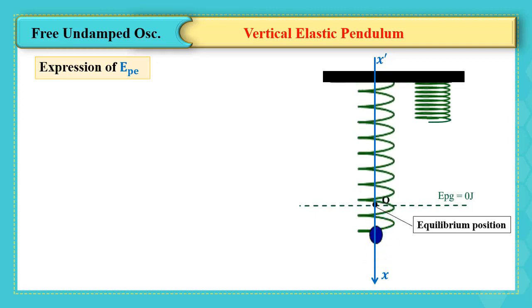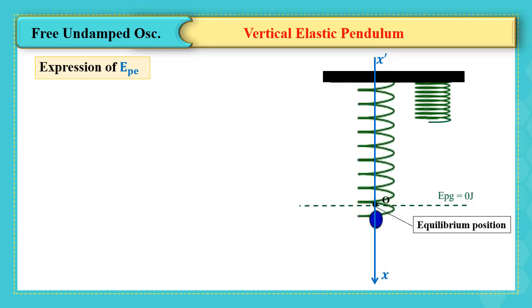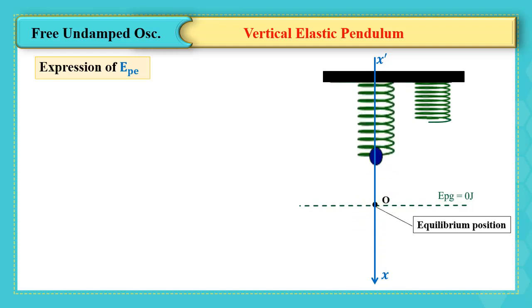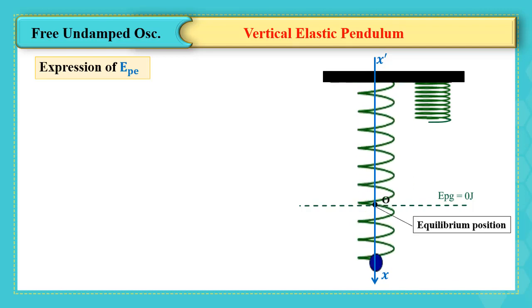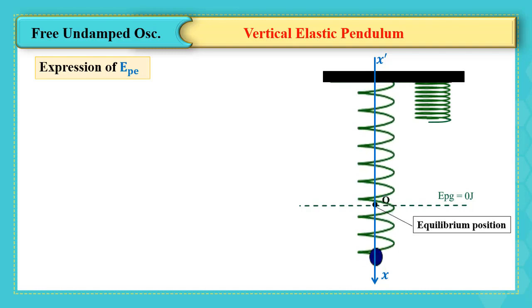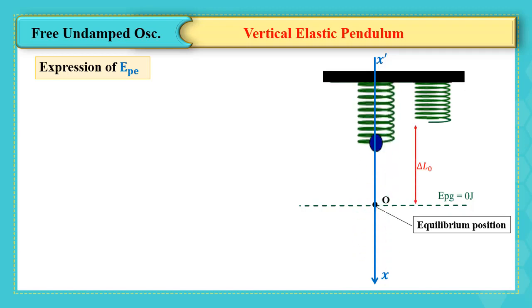Now, to find the expression of the elastic potential energy, we should ask a question. Will the expression of the elastic potential energy vary whether this particle S is above or below the equilibrium position? Let's start at equilibrium.